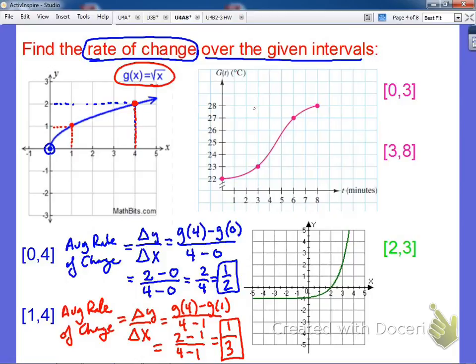Let's not worry about what the actual function is. Let's just look at the graph that's given here, and we're going to go from 0 to 3. So the change in y over the change in x is g of 3 minus g of 0. So what's that value? So this is going to be over 3 minus 0.